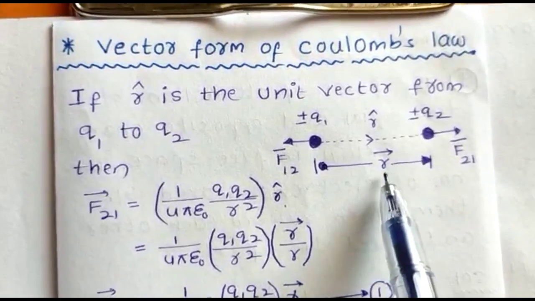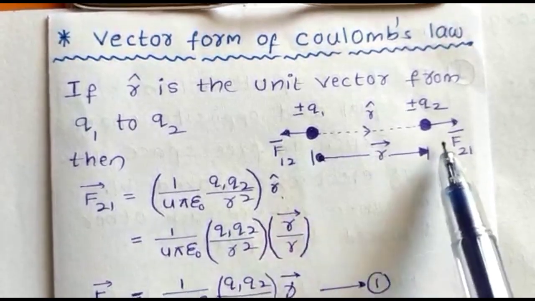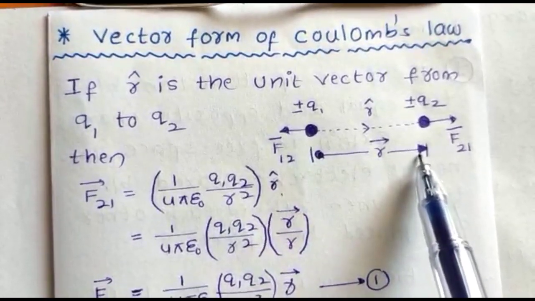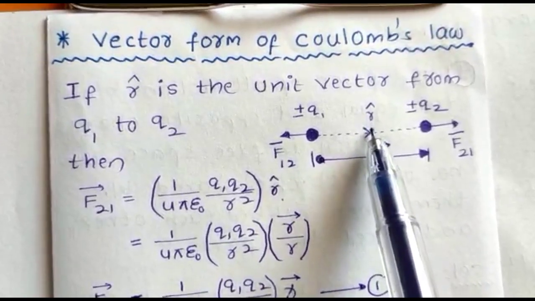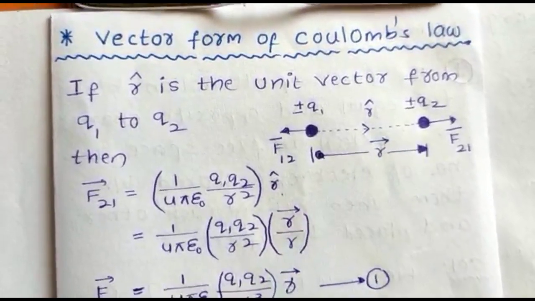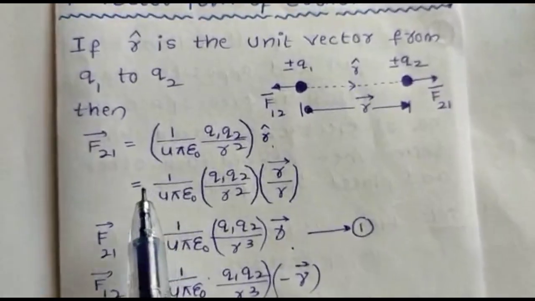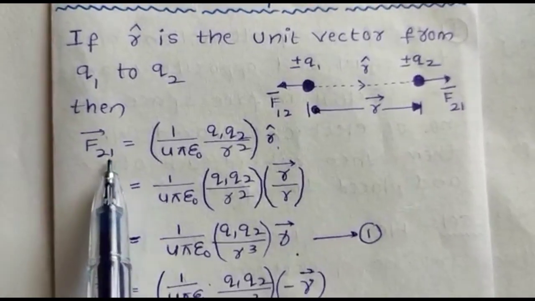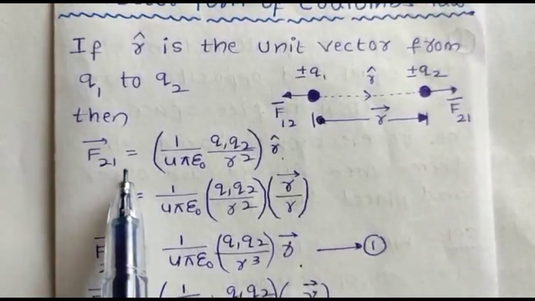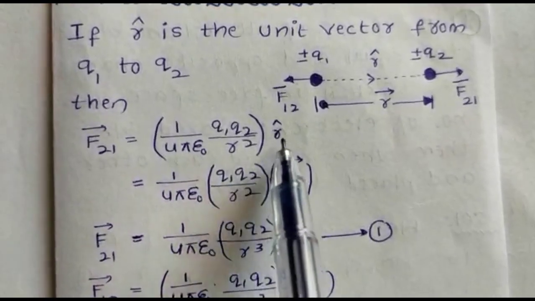Now R bar is the position vector acting from the first charge to the second charge. You see the direction of this R bar arrow, and R cap is the unit vector between the two charges. Then the force in vector form on the second charge by the first charge is F21 bar equal to 1 by 4 pi epsilon naught Q1 Q2 by R square into R cap.